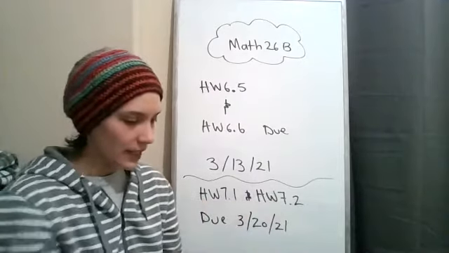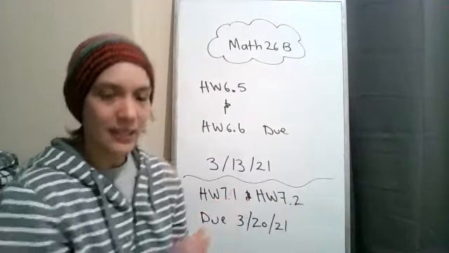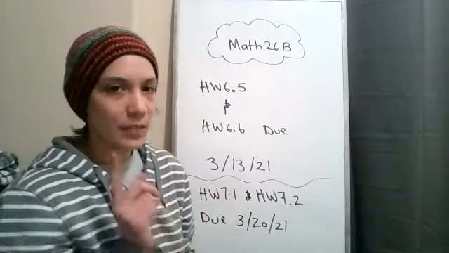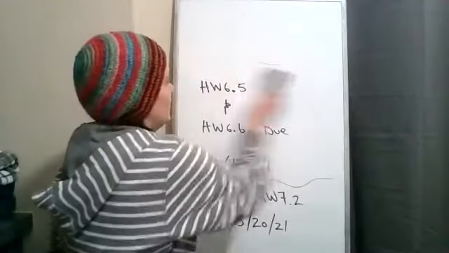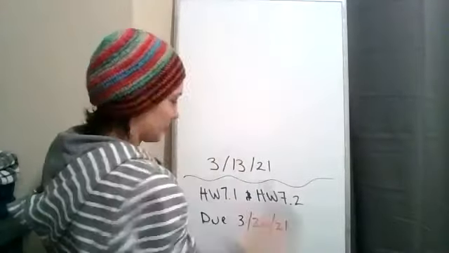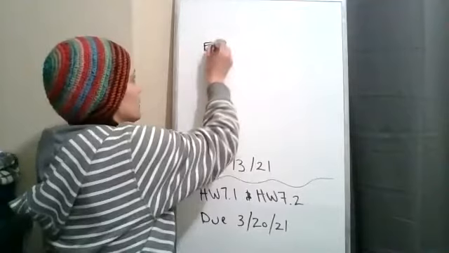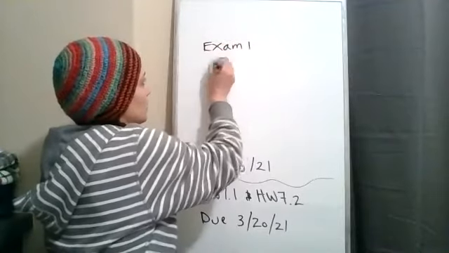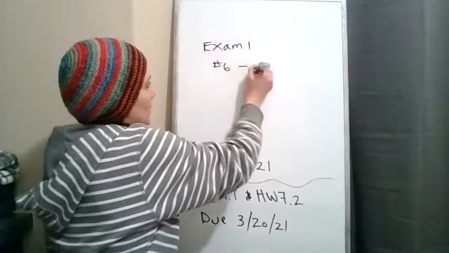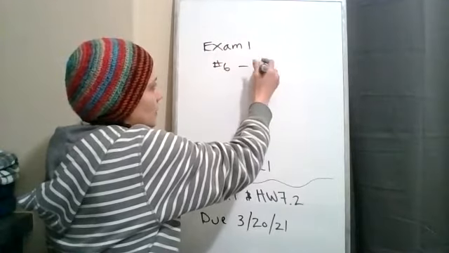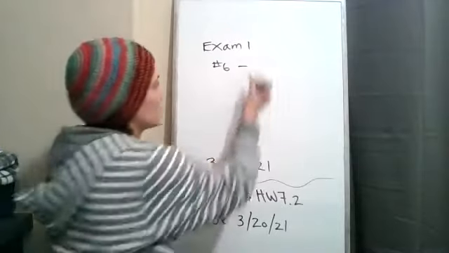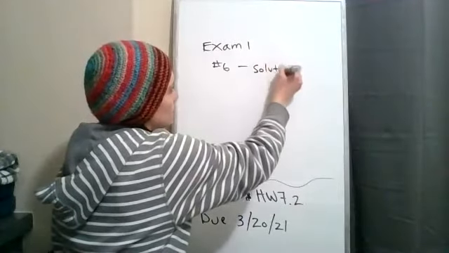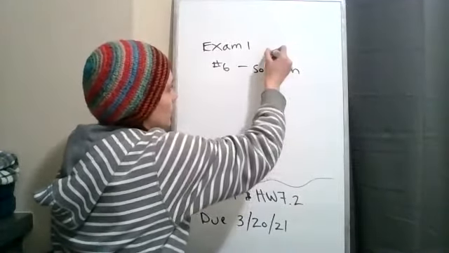So I did 9. Sorry, I think I missed what you were saying. What question were you saying? Number 6. So the solution had imaginary numbers in it, or it was like a complex solution.